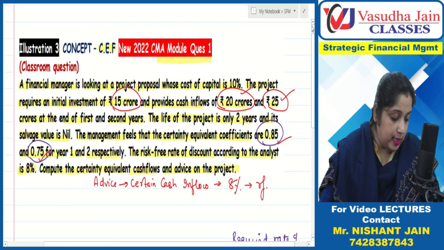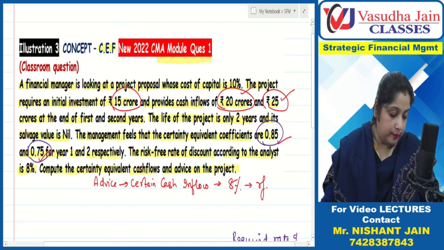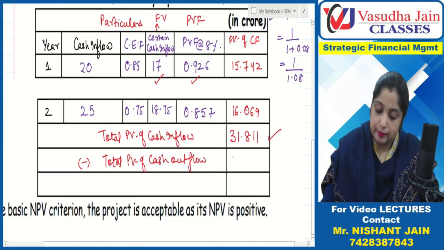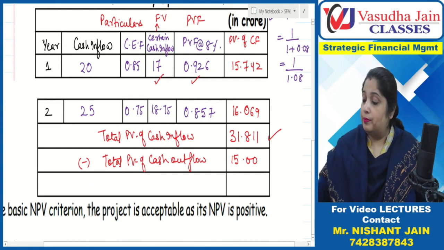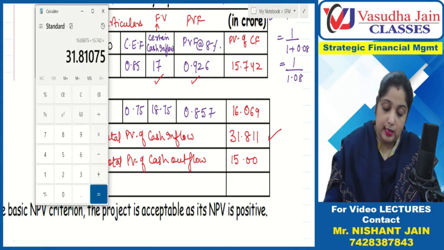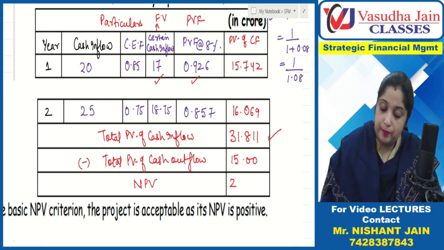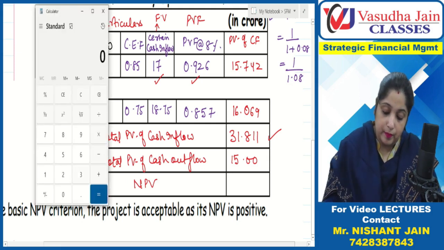Initial investment is 15 crore, right? So let us subtract 15 crore here. And then let us find out, yes, what is your NPV. NPV is coming out to be 31.811 minus 15.